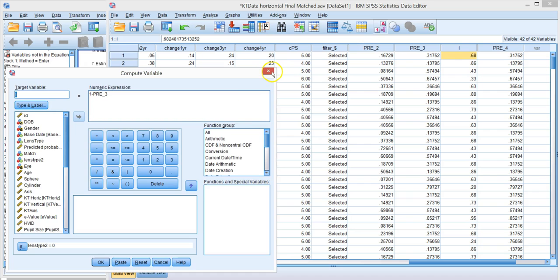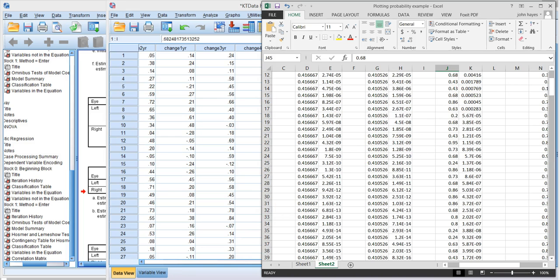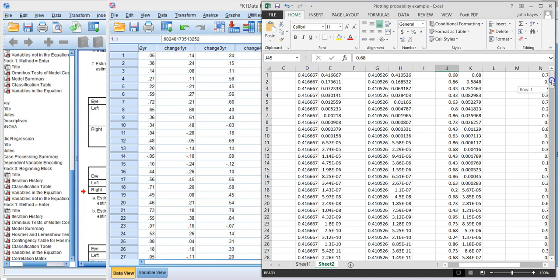Hope that's sort of clear. We have two types of probabilities. When it's a poor control, that's what the SPSS model is predicting, that's P. And when it's a good control lens, the value we want to enter into the equation is 1 minus P. We've done that, and we've loaded them in here.